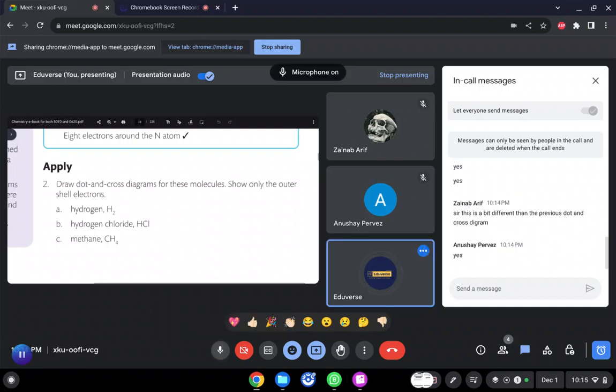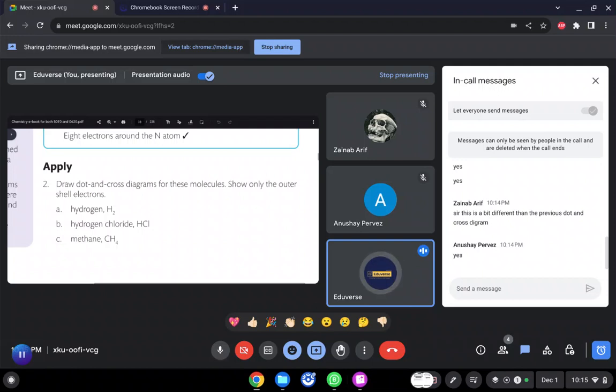Yes, Anab. Actually, yes, it is different, because here we have to show that these atoms are sharing electrons. In the dot and cross diagram for ionic bonds, we were showing that elements are actually losing and gaining electrons.